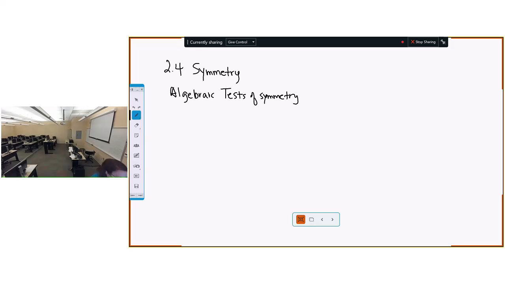Okay, so a function is symmetric with respect to the x-axis if replacing y with a negative y, so changing the sign of y, produces an equivalent equation.